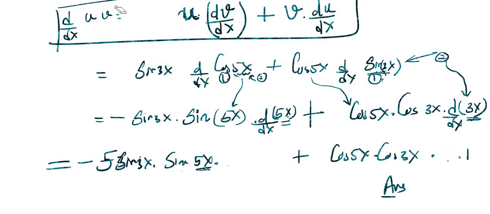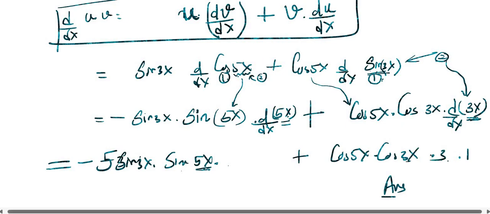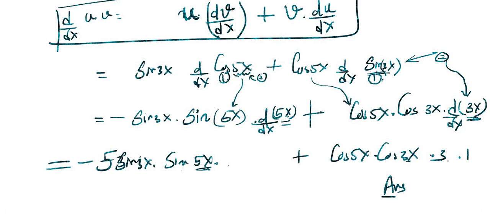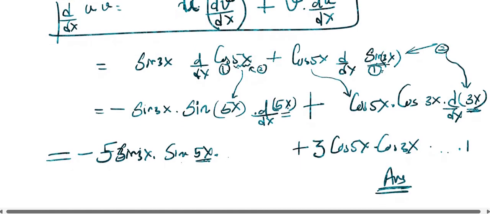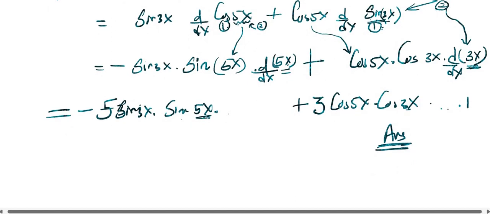See, some students merge it: 3x into 3 will become 9x, which is not true. This 3 is separate. This will come in front. I hope you understood. This is your answer. So you have to write this part in a different line. I am doing it here only.